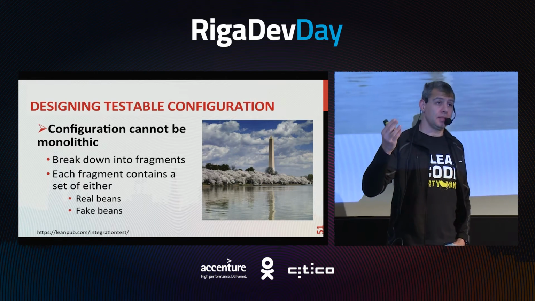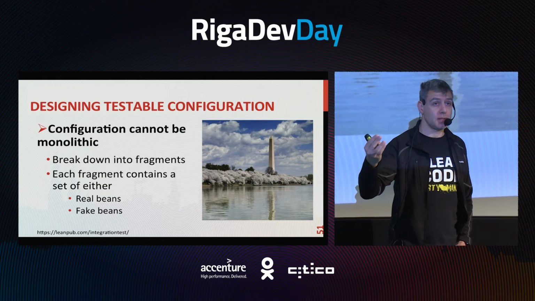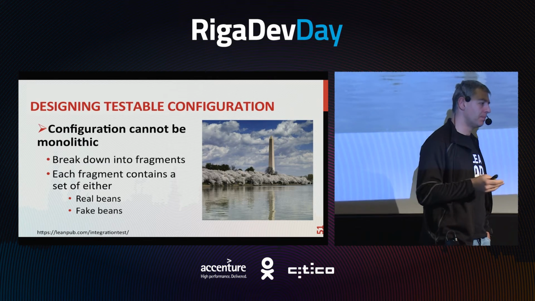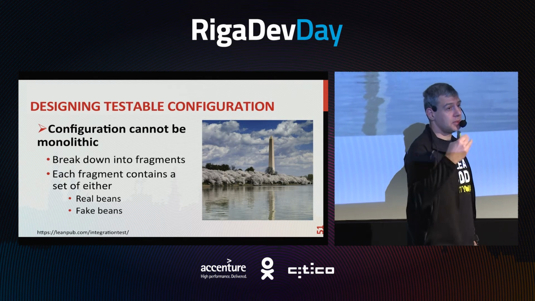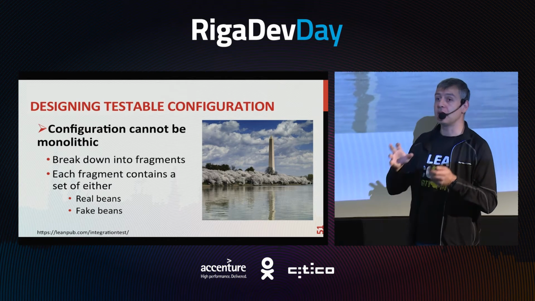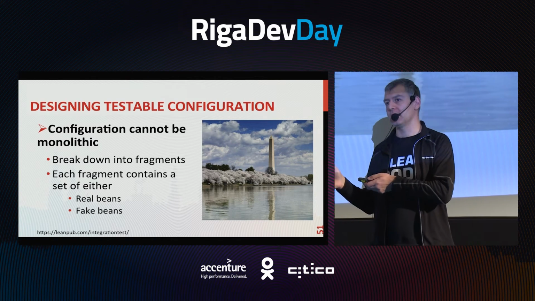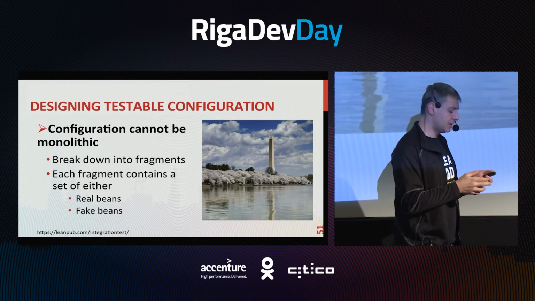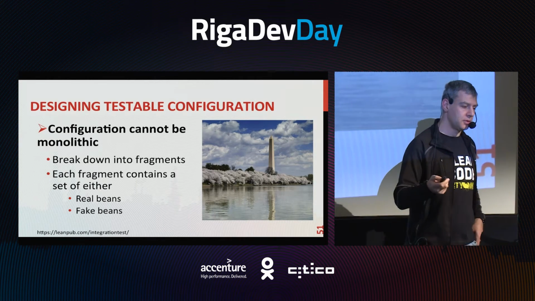If you don't integration test, you can put everything into the same configuration file. That's okay. But if you want to integration test, you want to be able to replace some beans with fake beans. And in this case, you need to decouple, you need to fragment your configuration file.